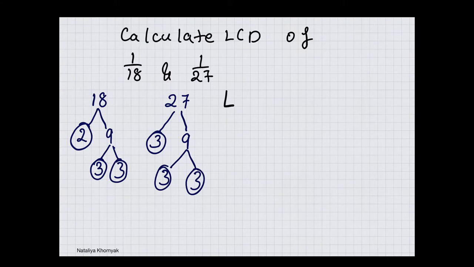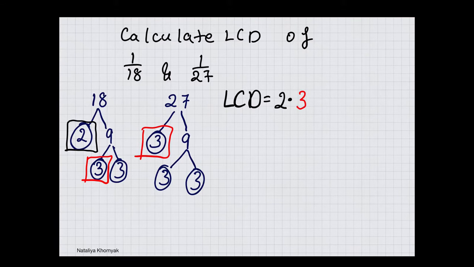To get the LCD, we need the least amount of factors to make each of the numbers. So for 18, we need a 2, so we include 2, times a 3. 18 has a 3, and 27 also has a 3. We do not need repetitions, so we have one 3.